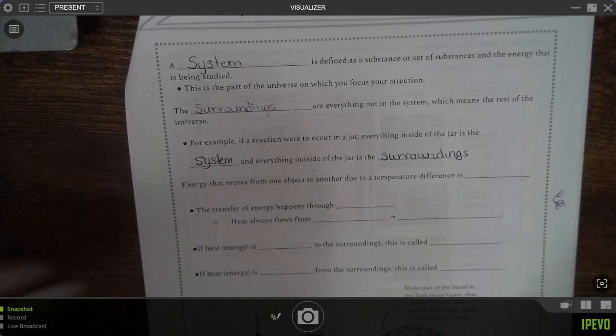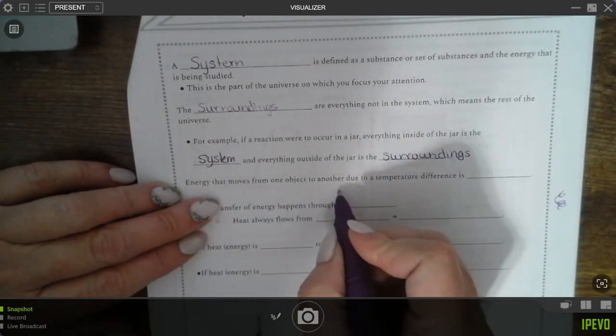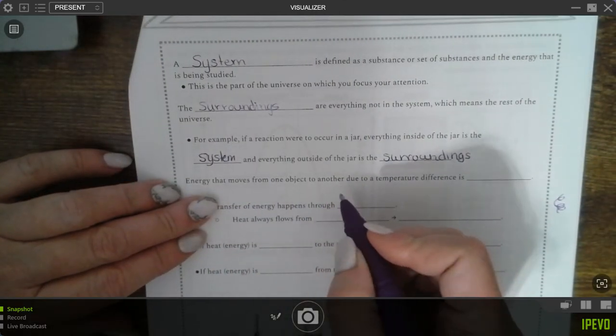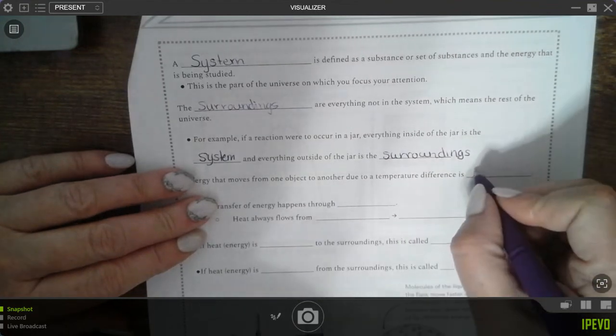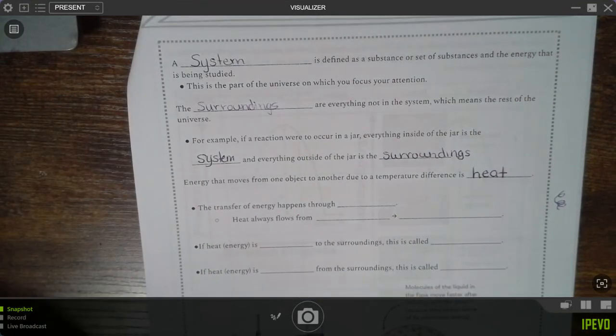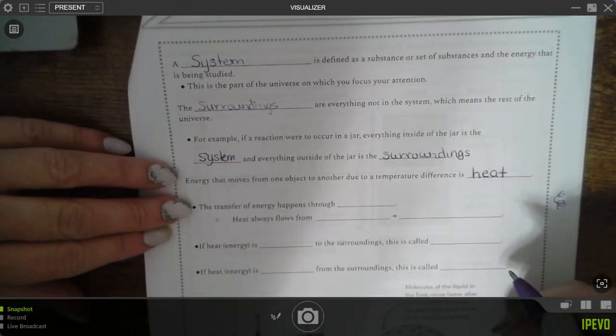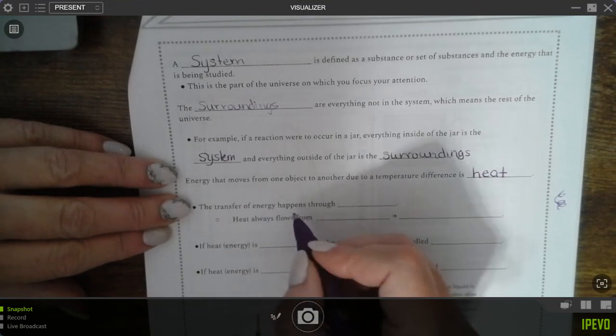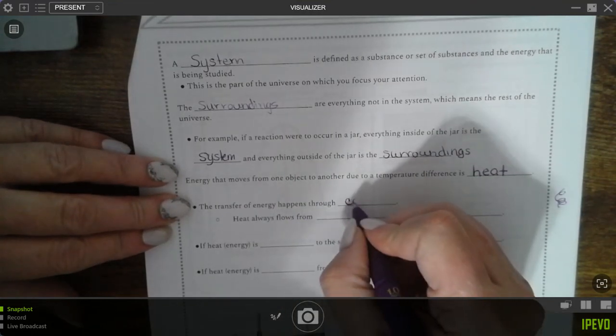Okay, so energy that moves from one object to another due to a temperature difference is what we call heat.